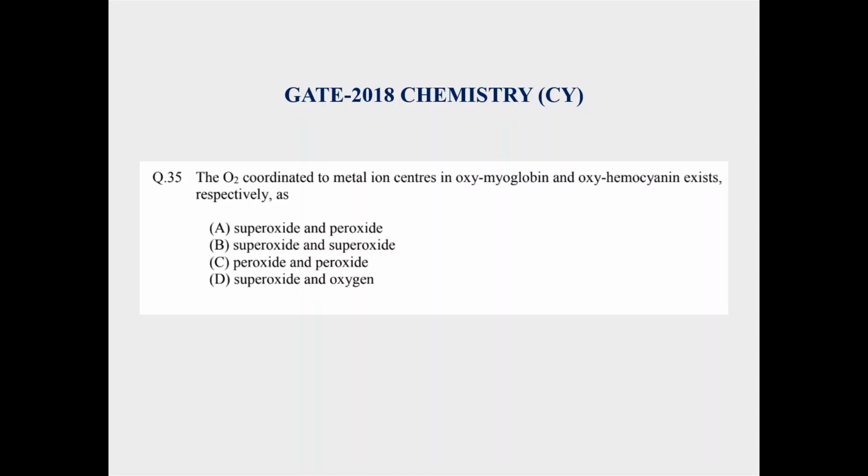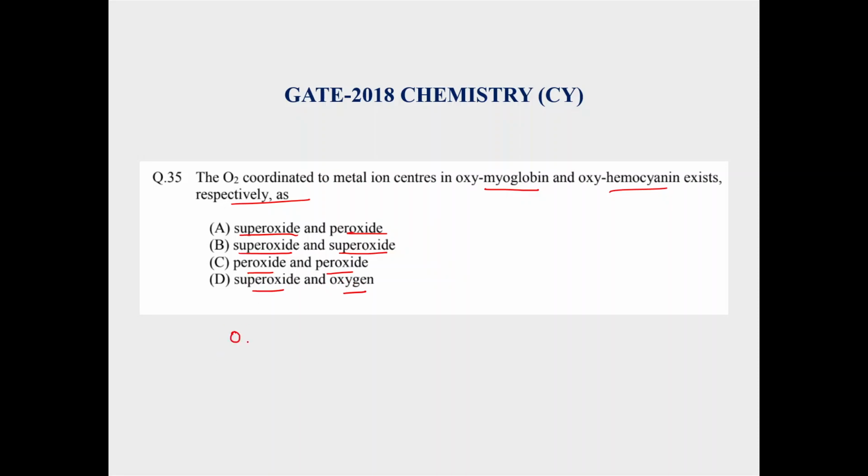Question number 35 from the 2018 paper. The question is: the O2 coordinated to metal ion centers in oxymyoglobin and oxyhemocyanin exists respectively as: option A, superoxide and peroxide; option B, superoxide and superoxide; option C, peroxide and peroxide; option D, superoxide and oxygen.